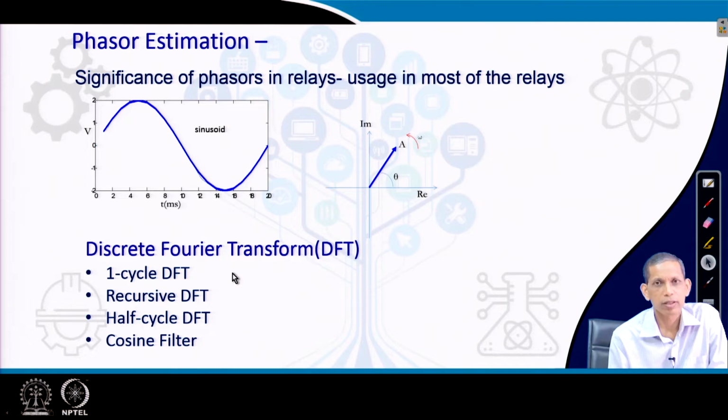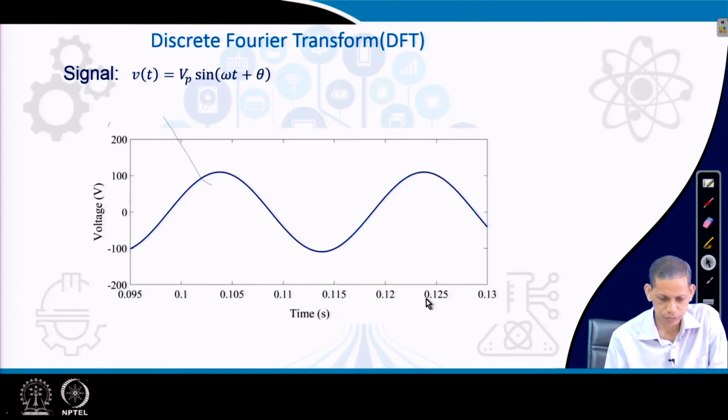Subsequently we will also see how the DFT can be computed in a better way using recursive DFT, and also its variants in the form of half cycle DFT and cosine filters, which are more efficient filters, an extension of the concept of the one cycle DFT.